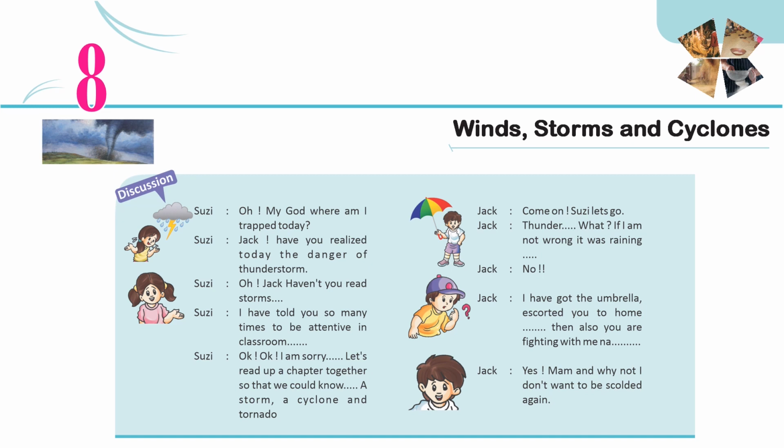Susie: Oh. Jack: Have you not read about storms? Jack: No. Susie: I have told you so many times to be attentive in classroom. Jack: I got the umbrella, escorted you home, and you are still fighting with me now. Susie: Okay, okay, I am sorry.